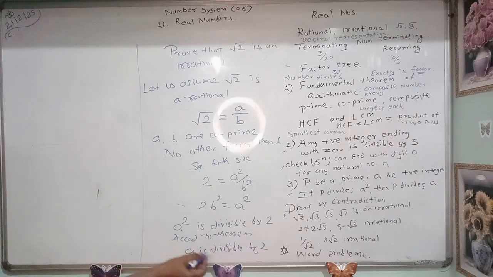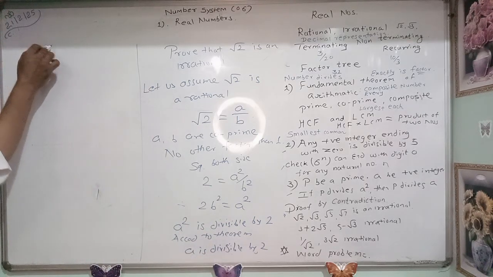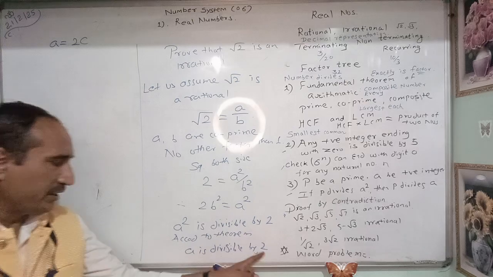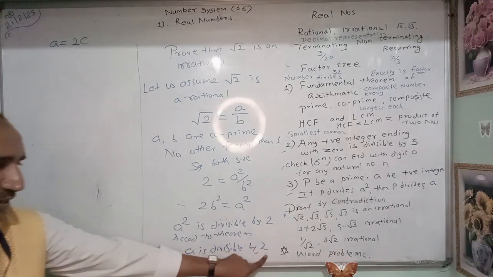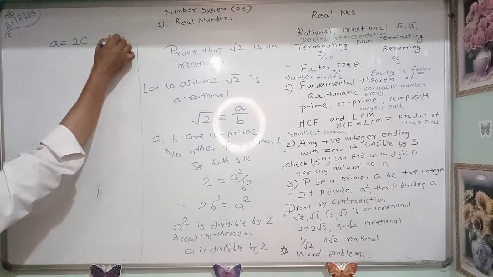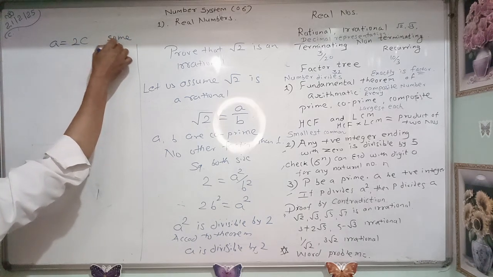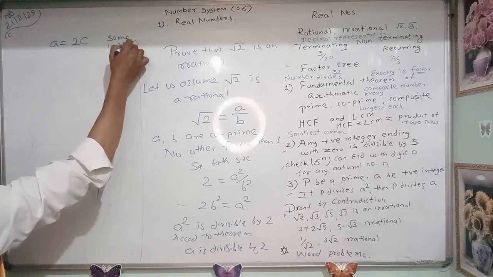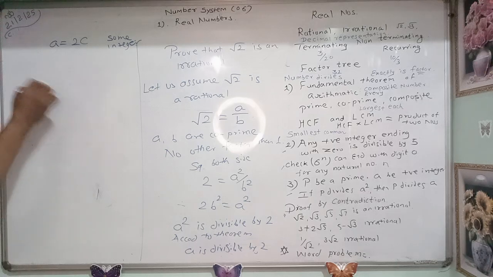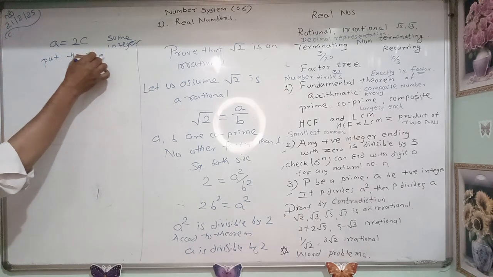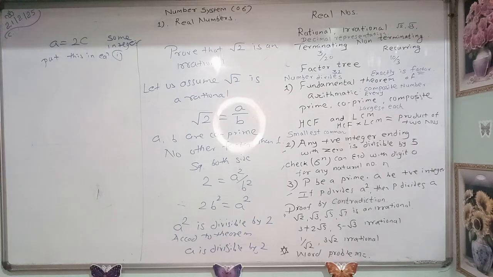So we can express A as 2 into C, because 2 divides A, meaning A is a multiple of 2. What is C? C is some integer.